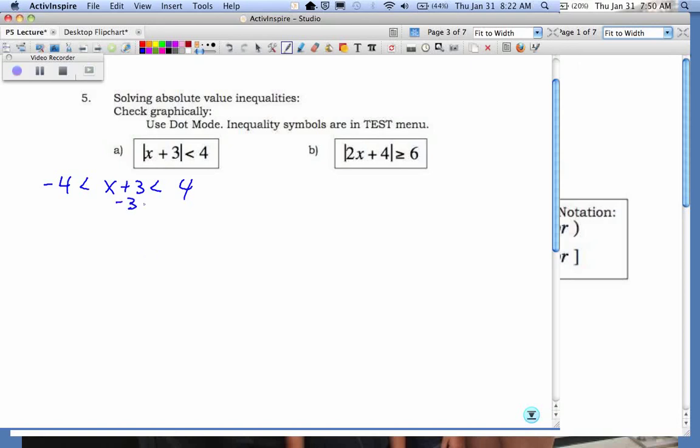Then when you subtract 3 on both sides, your answers, x's are between -7 and 1. Right? That's a shortcut method, and that's for when your absolute value is less than a number. Should be less than a positive number.